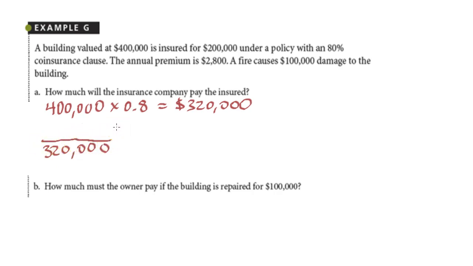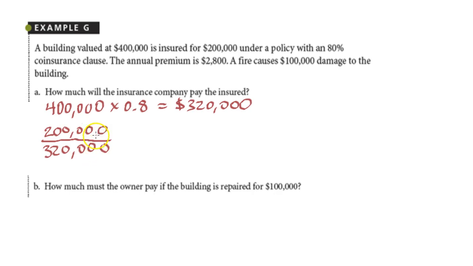So the numerator amount is the policy amount, how much it's insured for. And you will notice in the problem that it's $200,000. The amount on the numerator, or the amount the policy is for, can be as much as the insurance required.